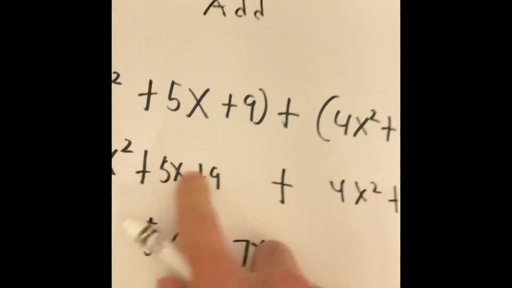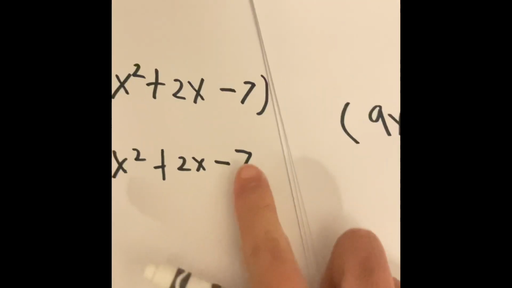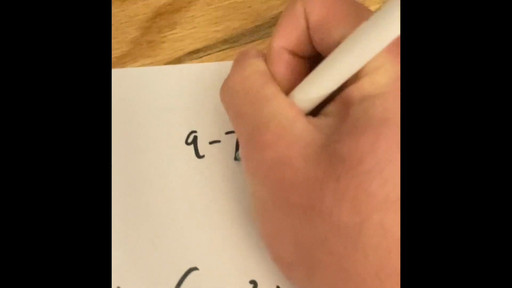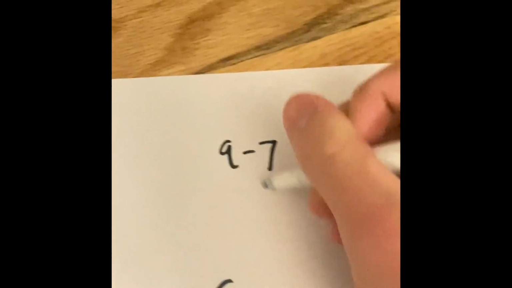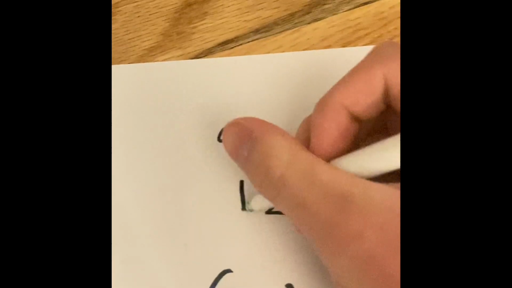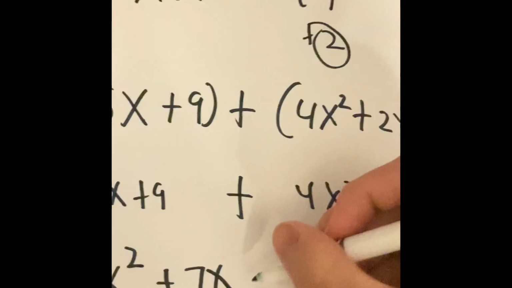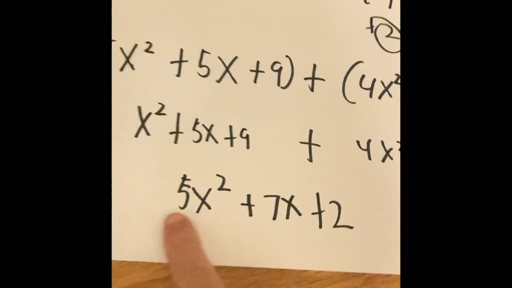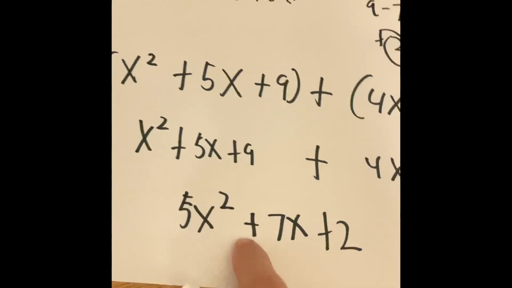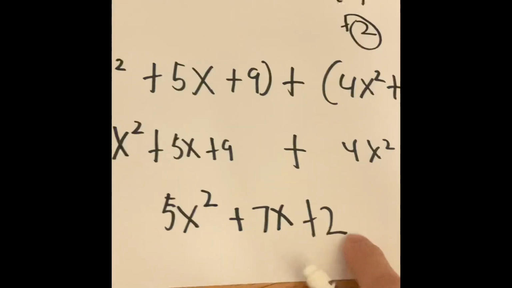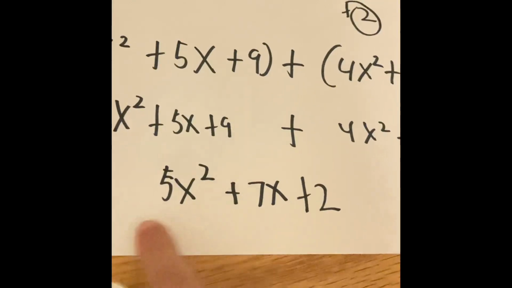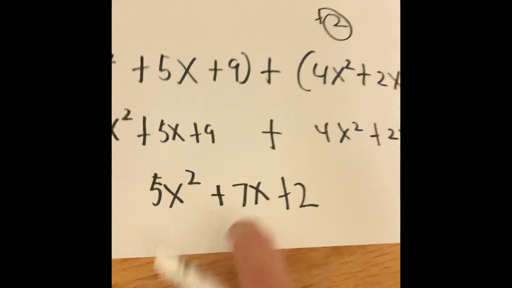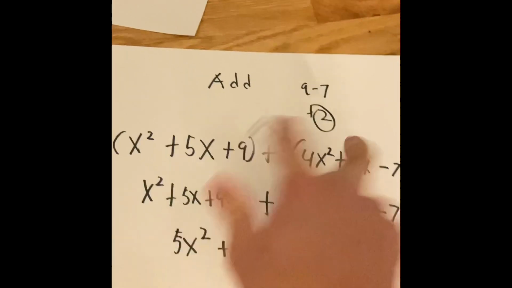And we have 9 and negative 7, so 9 minus 7 becomes a positive 2. So we're going to write plus 2 right here. And there we go. We have 5x squared plus 7x plus 2. That is going to be our answer when we add the two expressions.